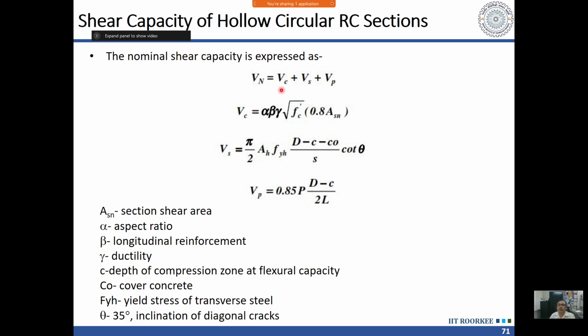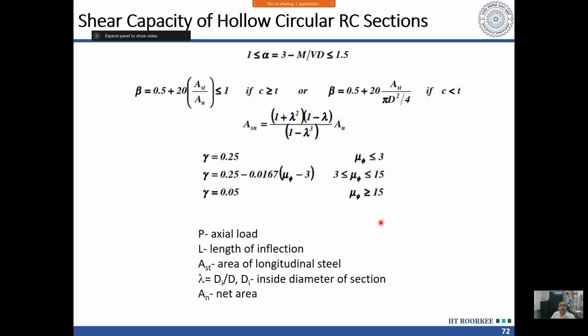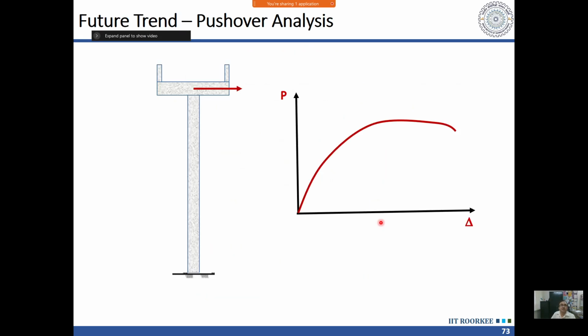So they have come out with this empirical formula, the total capacity because of the concrete capacity, contribution from steel and contribution from axial force, and then expressions are given for different contributions, and that we can use to calculate the shear capacity of hollow circular sections. Considering equivalent solid section is not the correct way. It should not be done using that.